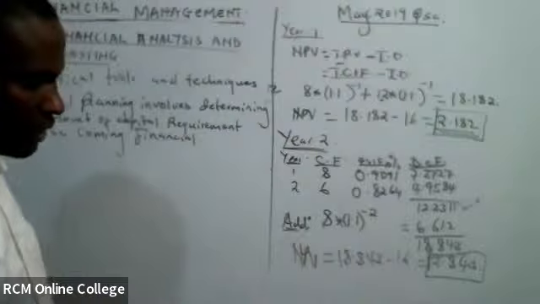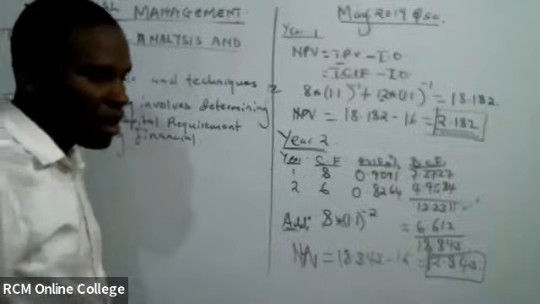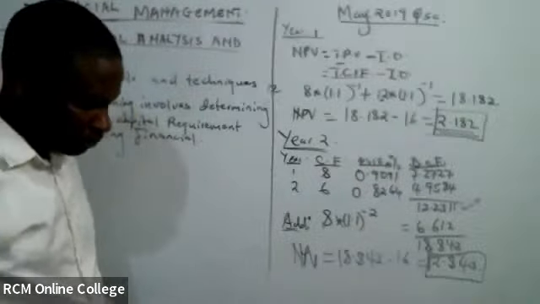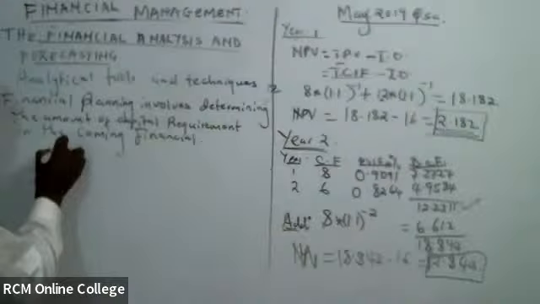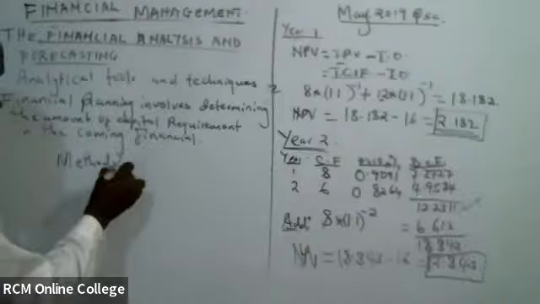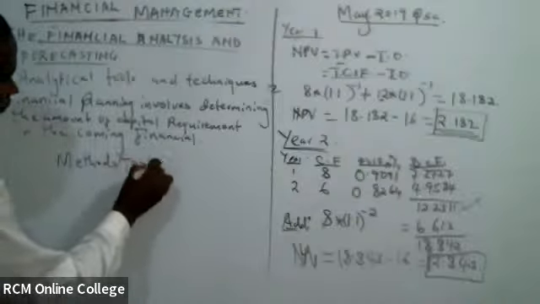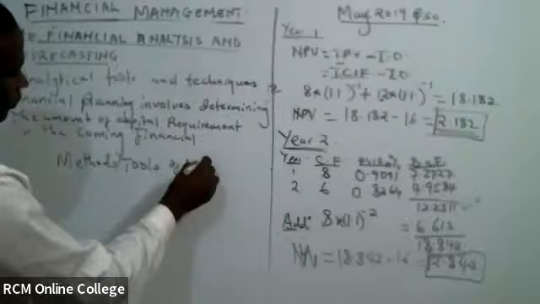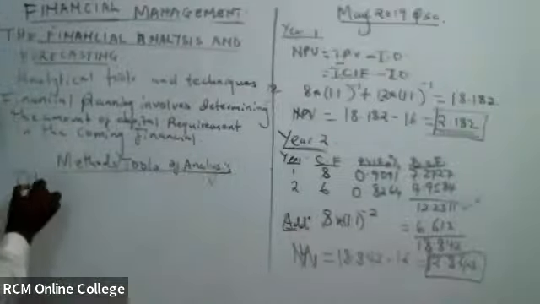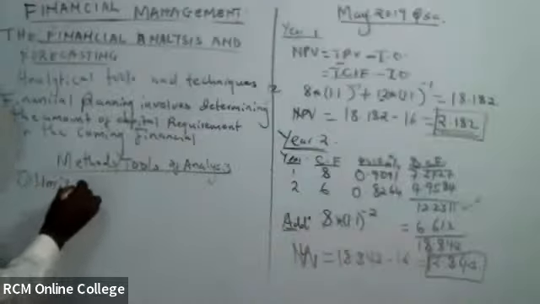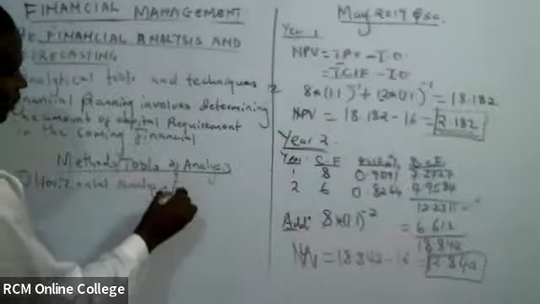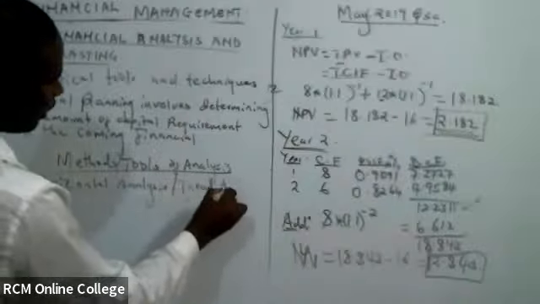Now, as we say, we have several methods or tools of analysis. One, horizontal analysis, and we have said horizontal is the same as trend analysis.